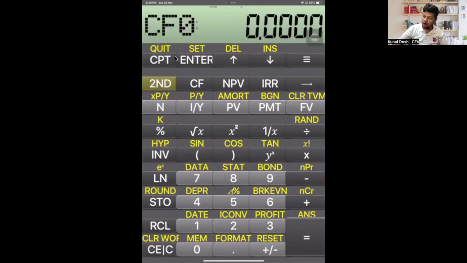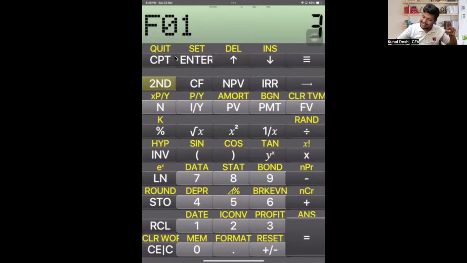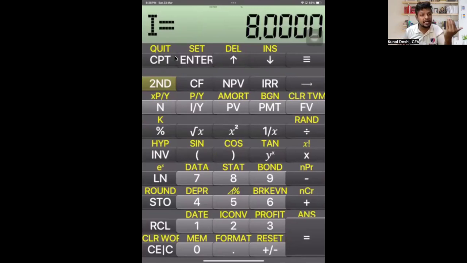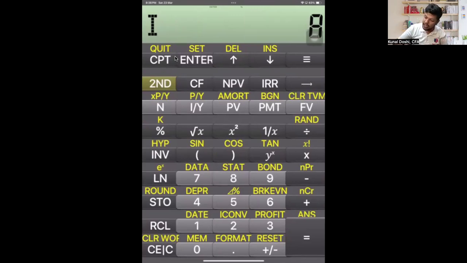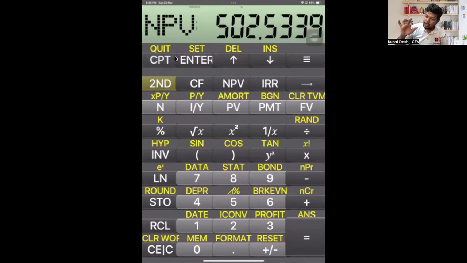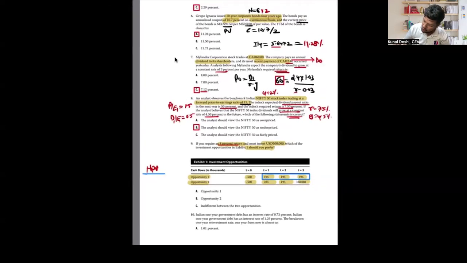Just cross check it always. I put C01 as 195, and since the cash flows are the same, thrice, you can put frequency 3, enter, press NPV. The discounting rate they have given is 8%. So 8, enter, compute the present value. I get 502.